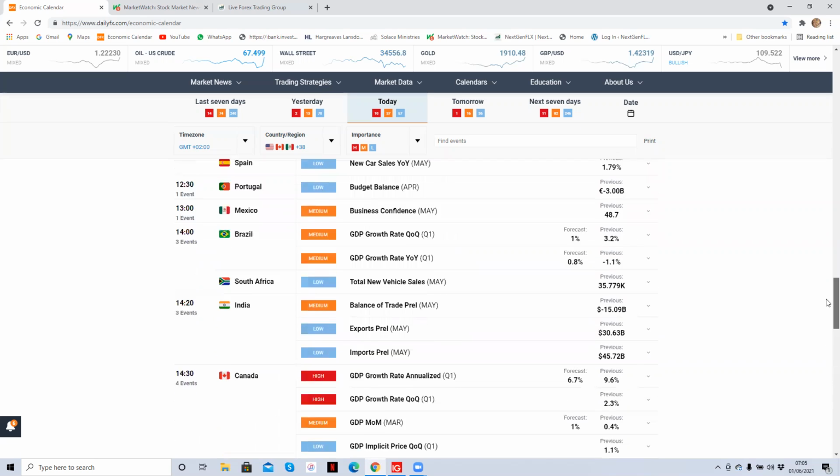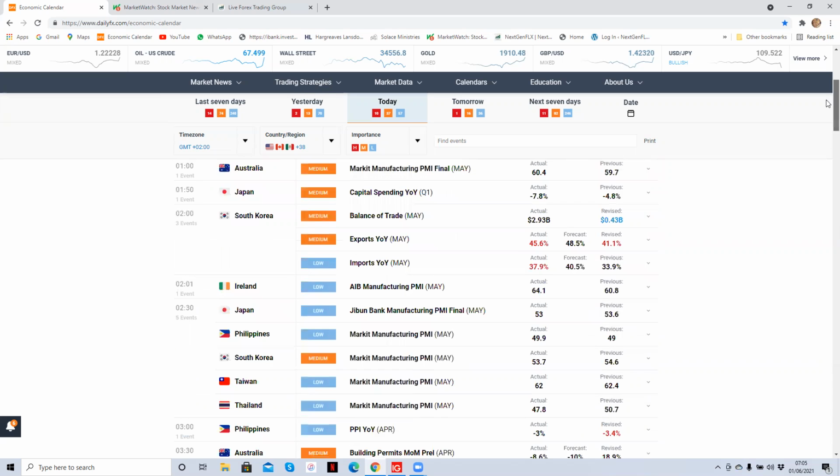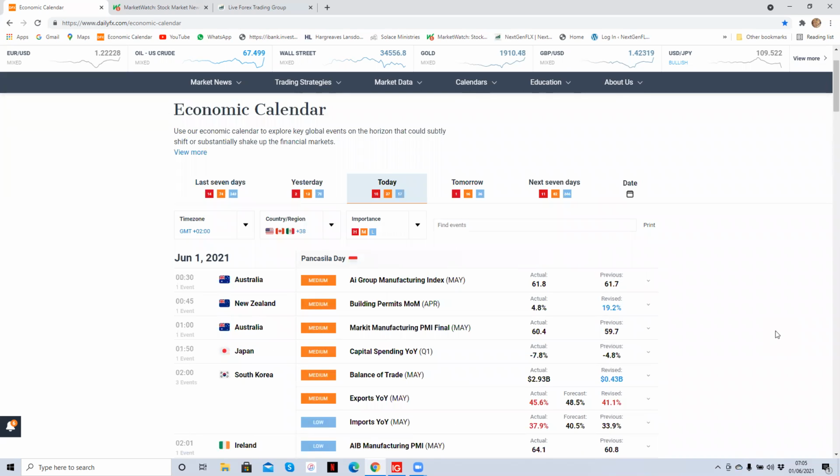So today there are quite a few reports of high importance due out, but this is why you focus on the currency pair you're trading and decide what to do regarding that currency pair. That's why I always say those who are new to trading should just focus on one market, preferably the Euro US dollar.